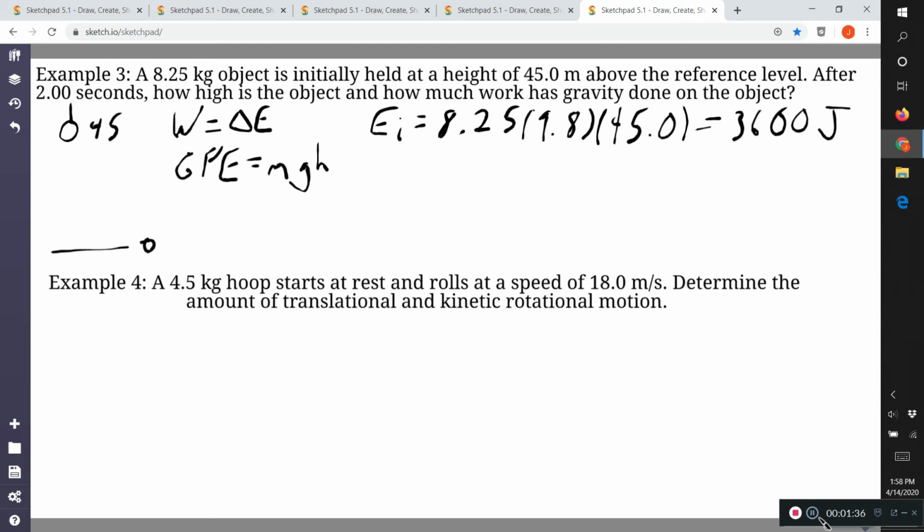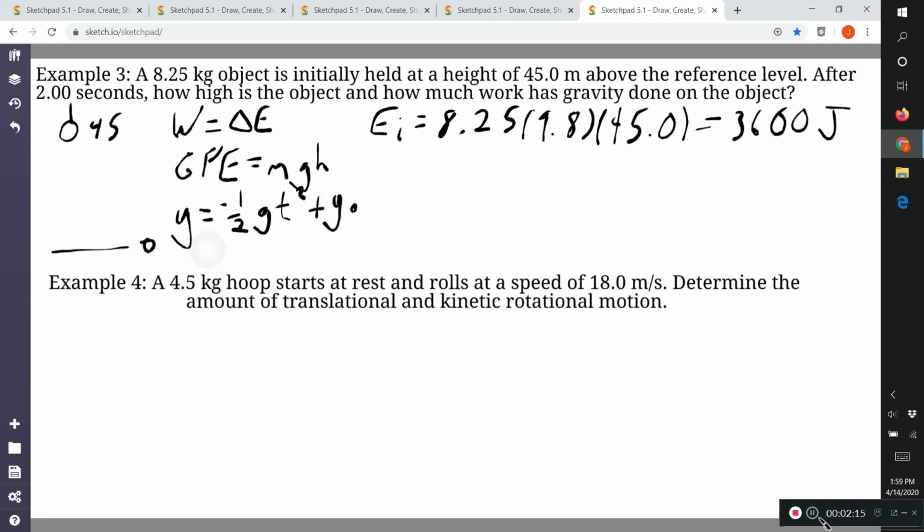Now, to find the final, we're missing the height. We know the mass doesn't change. We know gravity doesn't change. The height changes. So we're actually going to need to bring back an old formula from a while ago, and that is our vertical motion equation. In this case, because there's no initial velocity, because it's being dropped, our position at a given time can be modeled as negative 1/2 gt squared plus y naught being the starting height.